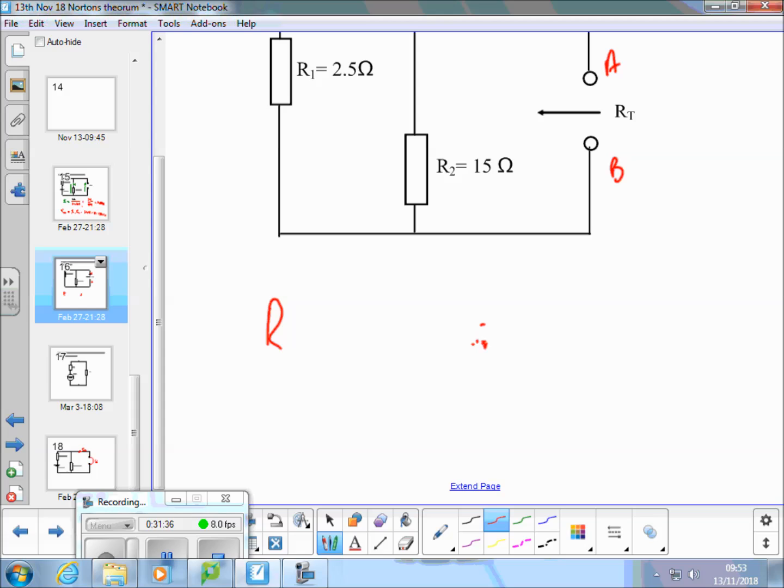R Thevenin's is equal to R Norton's. They're both the same. Product over sum: R1 times R2 over R1 plus R2.